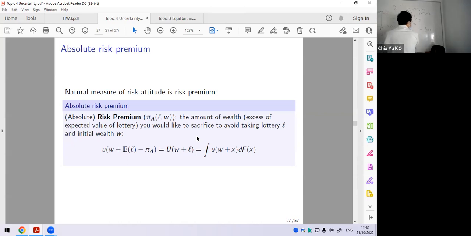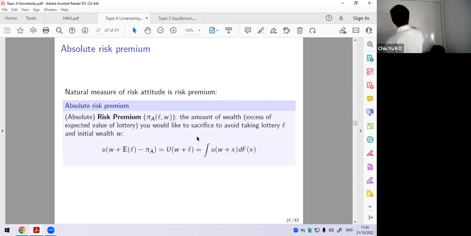So how do we define the risk premium here? Let me draw it here. Actually, I should have drawn this in the slide, but I think I'm too lazy. Maybe next year I should draw it. So our lottery can have two outcomes, L prime and L double prime.